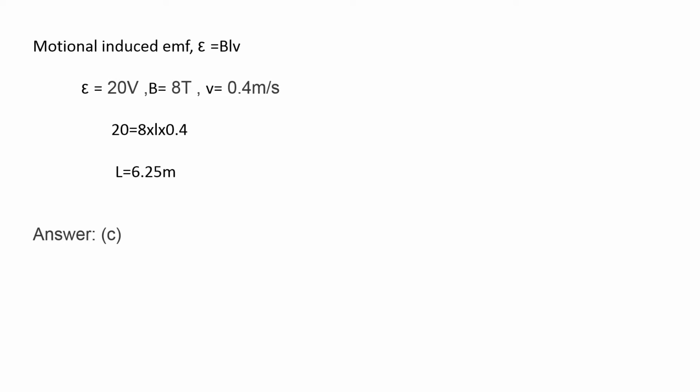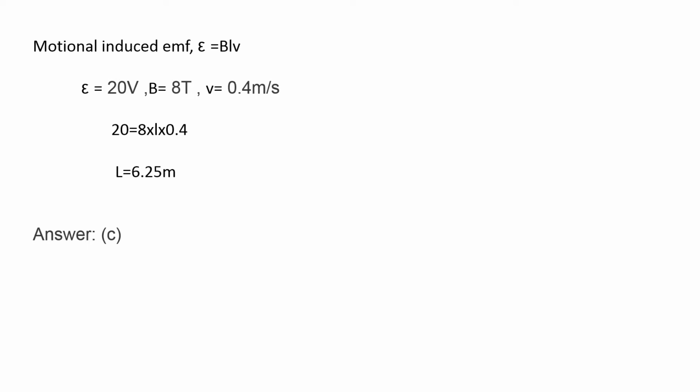Sine theta gives 1, so you get the EMF as epsilon equal to BLV. The values of epsilon, B and V are 20 volt, 8 Tesla, 0.4 meter per second. So using these values you can find the length of the conductor using this formula.